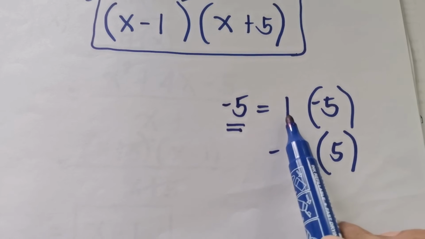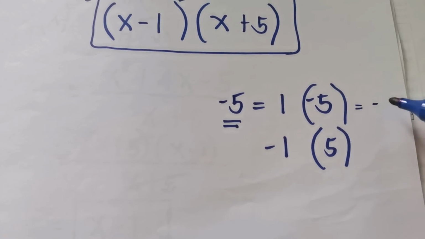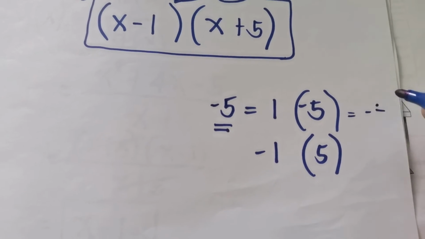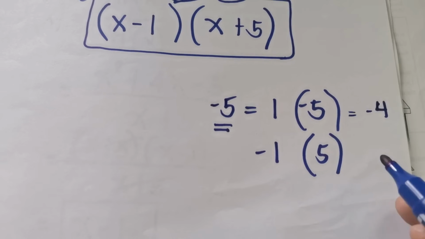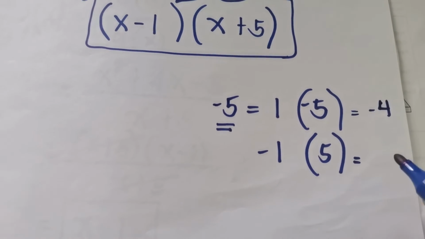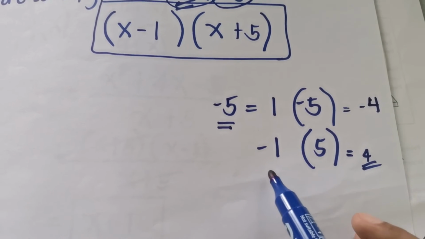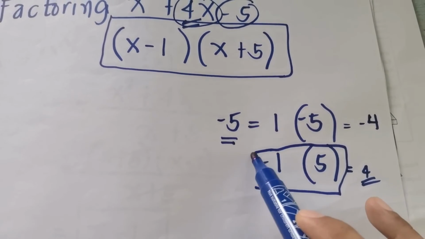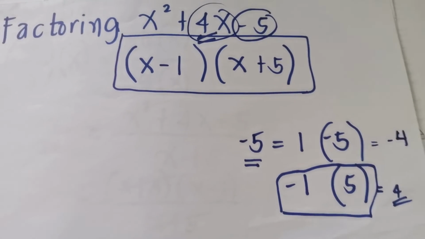The sum of 1 and negative 5 is negative 4. The sum of negative 1 and 5 is 4. The correct combination is negative 1 and 5. So this will be our factor.